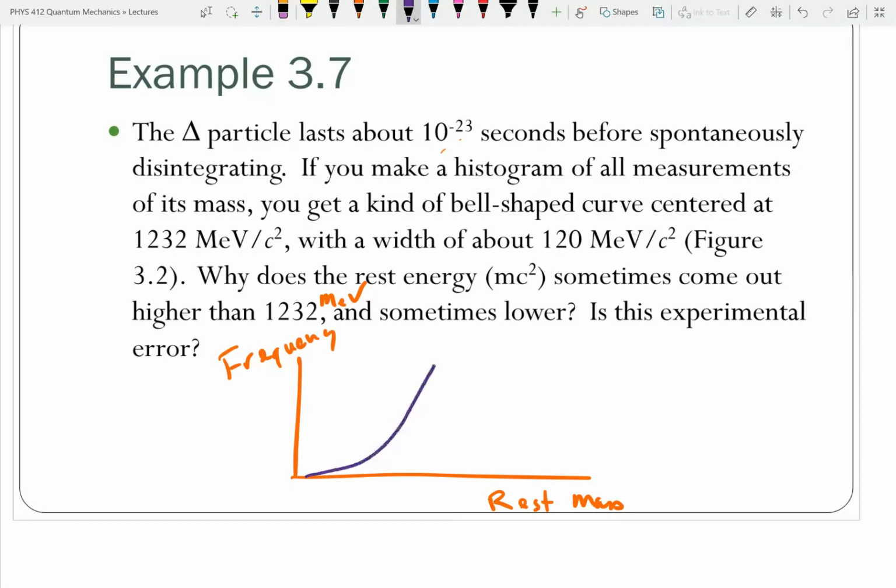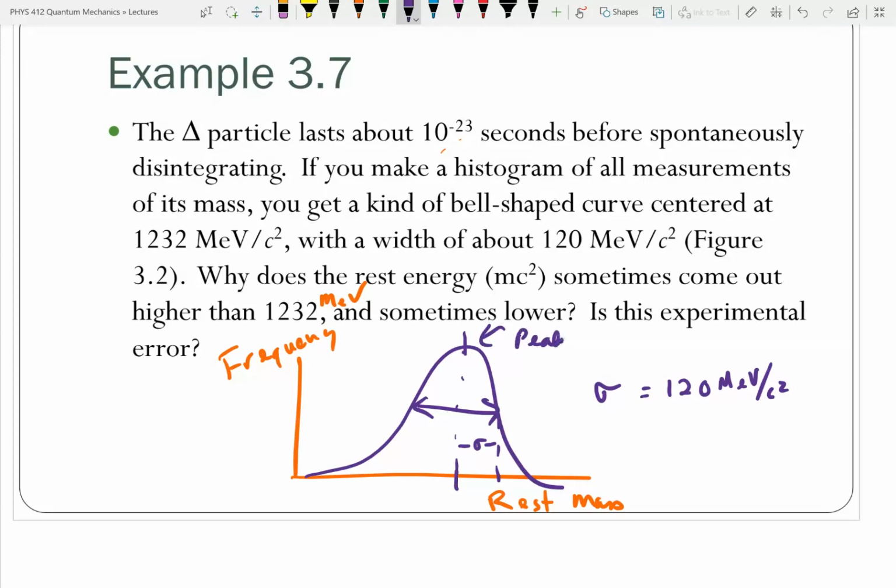You have something that goes like this. So this is the kind of data they actually get.